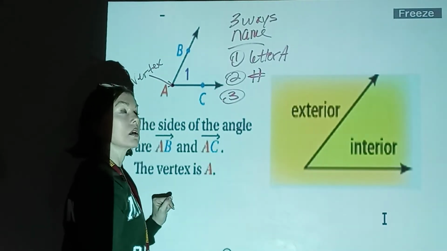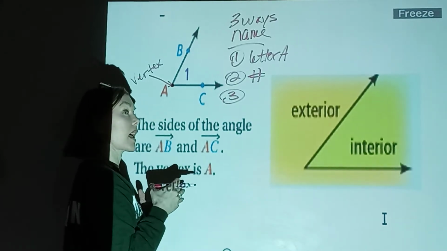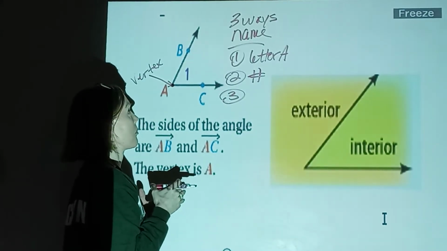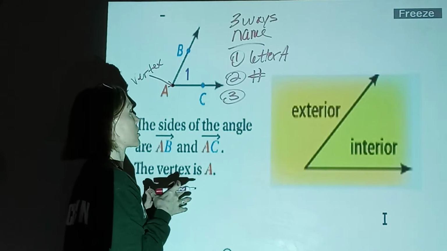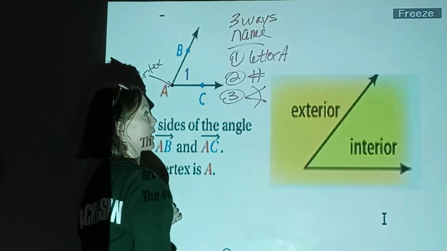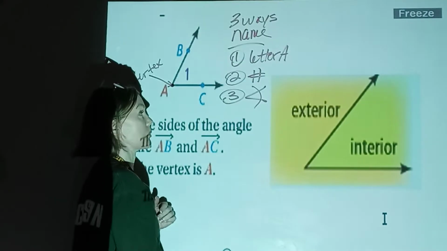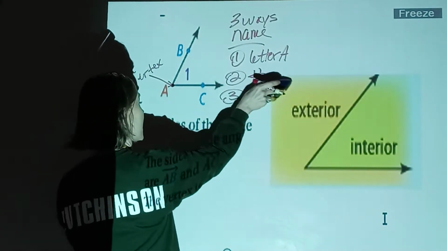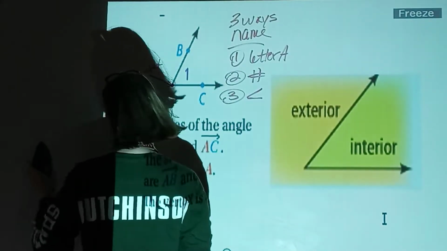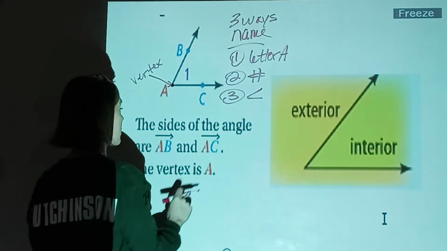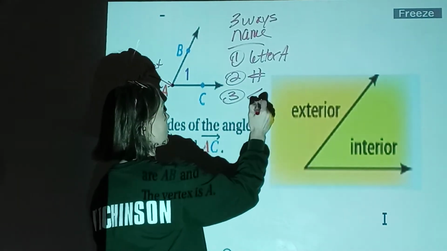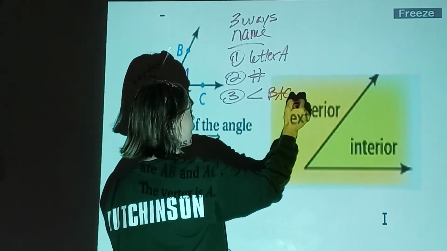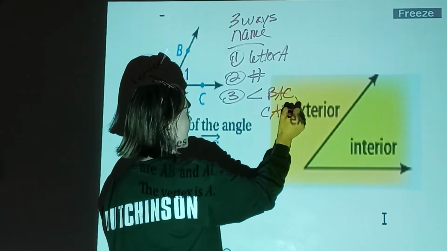Okay. Or you can use the 3 letters that make up the angle. So you can say angle, okay, everybody draw that symbol. That's the angle symbol. It's either like that or it's just, I think in the textbook, it's just that, okay? That's the symbol for angle, so write that. You can say angle BAC or CAB, okay?